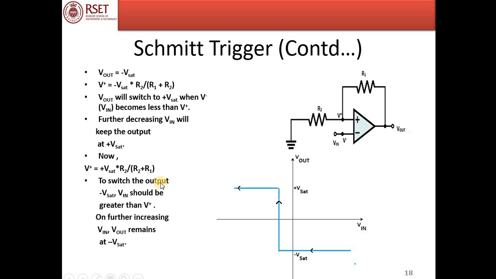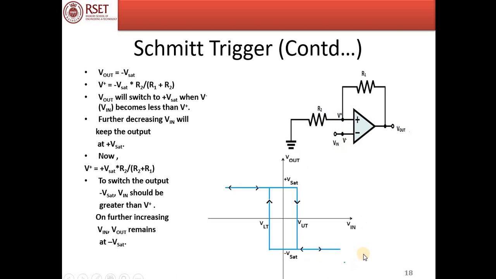That is what we have written here. To switch the output to minus Vsat, now V input should be greater than V plus. What is the value of V plus? Plus Vsat into R2 by R1 plus R2. Once it switches to minus Vsat, on further increasing V input, the output will remain at minus Vsat. So we are slowly increasing V input.